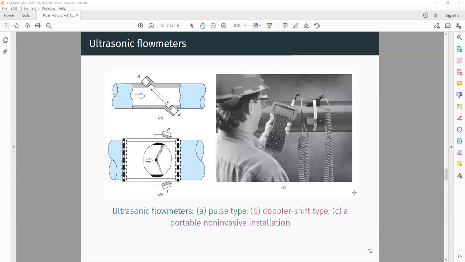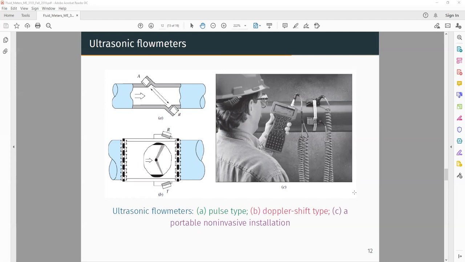And the next one we are seeing here are the ultrasonic flow meters. There are different types. That is, one is pulse type, measuring the pulse time required, or measuring the Doppler shift effect from those pulses. And also that can be non-invasive. That is, you can also measure the fluid flow from outside the pipes with ultrasonic flow meters.